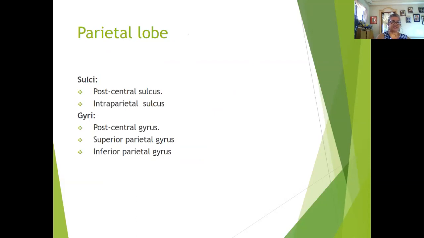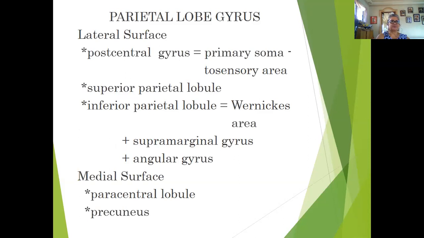And it has three gyri, the postcentral gyrus, which is separated from the rest of the parietal lobe by the postcentral sulcus. And you have also your intraparietal sulcus separating the superior and inferior parietal gyrus.